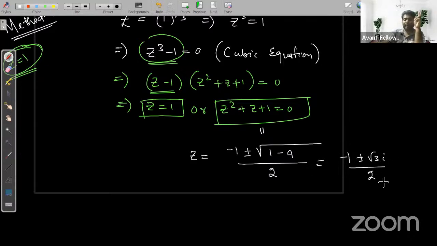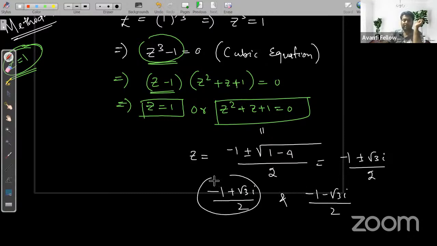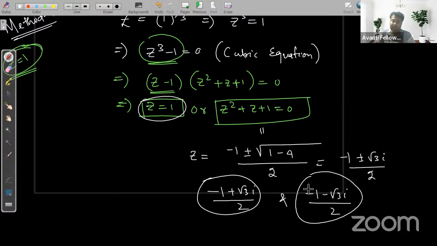So two roots we are getting: (−1 + √3 i)/2 and (−1 − √3 i)/2. So the first root is z = 1, the second root is (−1 + √3 i)/2, and the third root is (−1 − √3 i)/2.